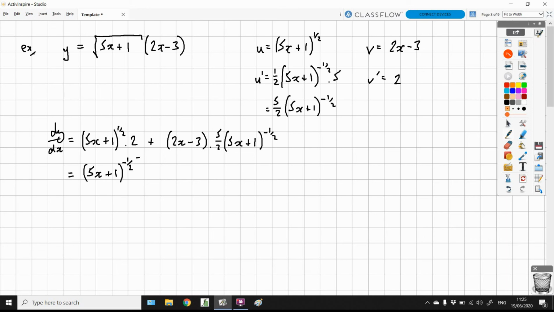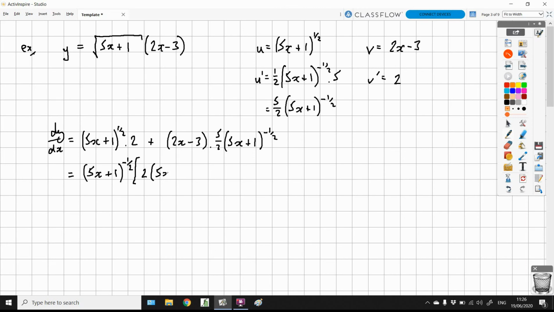Now let's see where we go with that. We need to allow for that too. And 5x plus 1 to the negative half multiplied by something has to make 5x plus 1 to the positive a half. This is where you need to be up on your index laws.